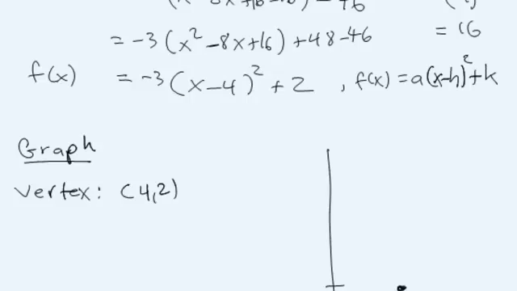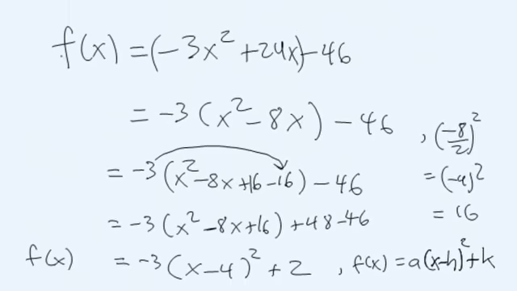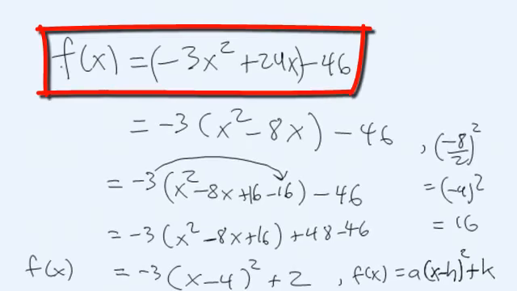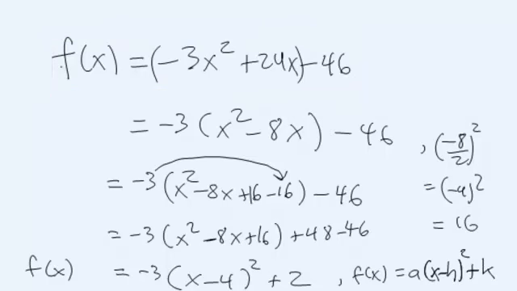I guess we can go with the y-intercept, since it seems like the easiest thing to do. The y-intercept is going to be f of 0. If I sub 0 into the original polynomial, f of 0 would be negative 46, because the first two terms would be 0.